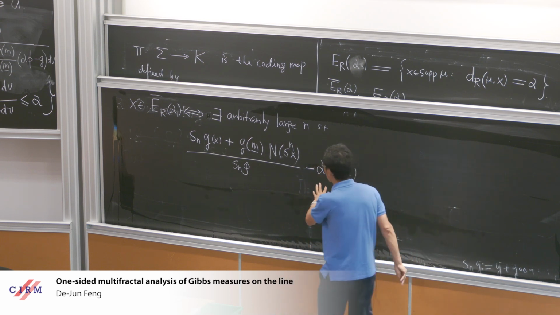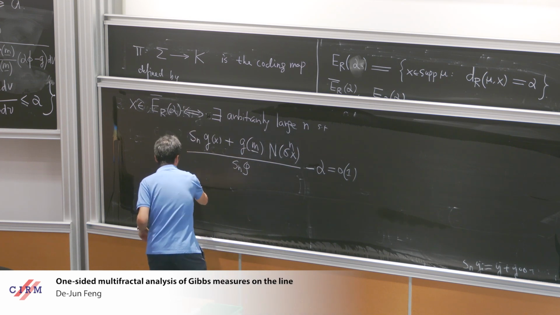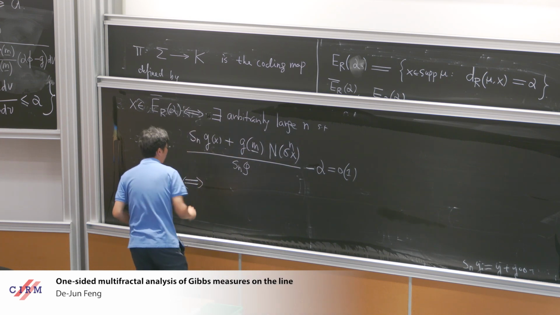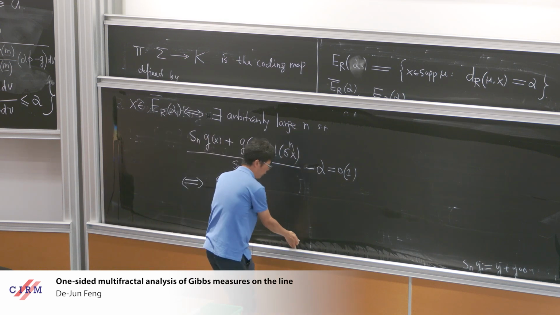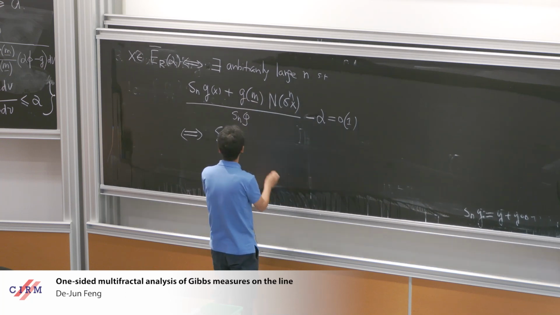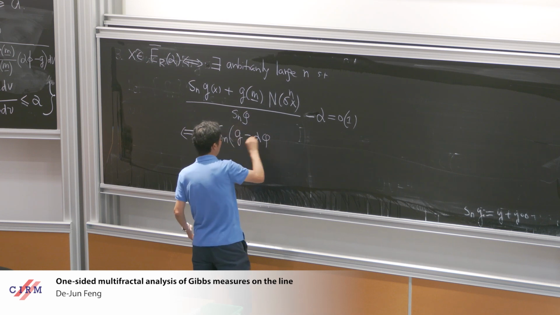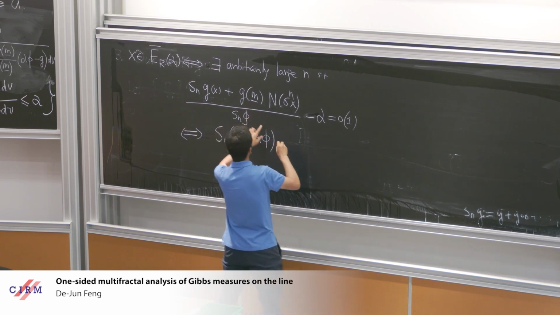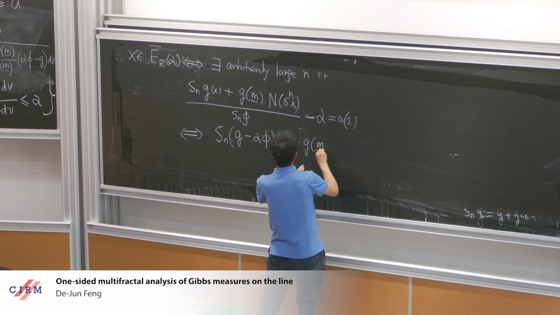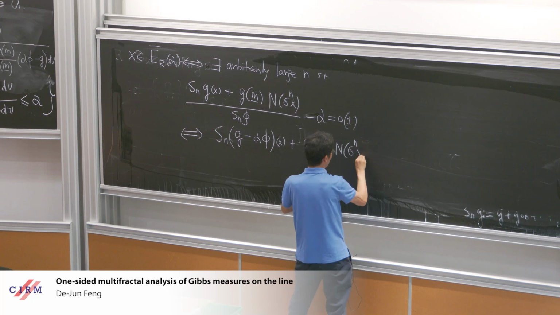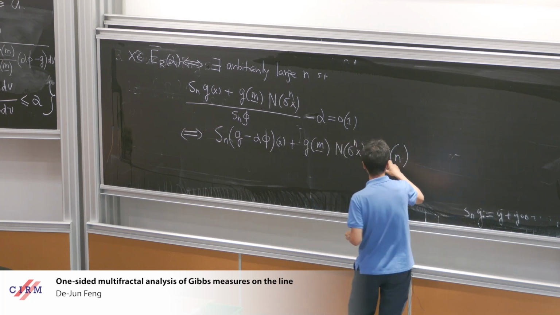So of course we can put alpha on the other side. So you will see that if and only if S_n (g minus alpha phi)(x) plus g(m) n sigma^n x equals little o of n.